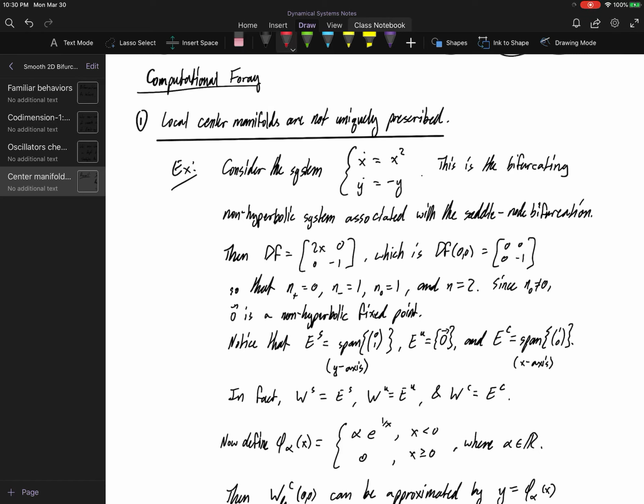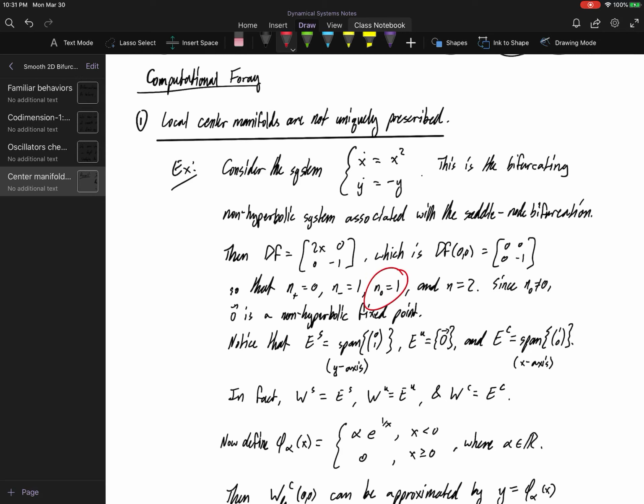Okay, so you can check the Jacobian at an arbitrary point in this system is a diagonal matrix. This is a totally decoupled system, and we're going to use that to our benefit in a moment. But if we plug this in directly at the origin, which by the way is the only fixed point in the system, then the Jacobian is still diagonal, but it picks up a 0 along that diagonal, and that's what turns this into a non-hyperbolic fixed point.